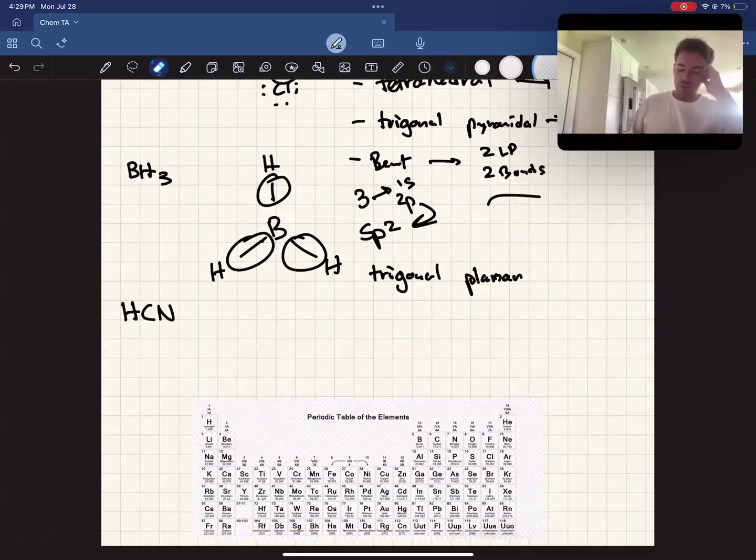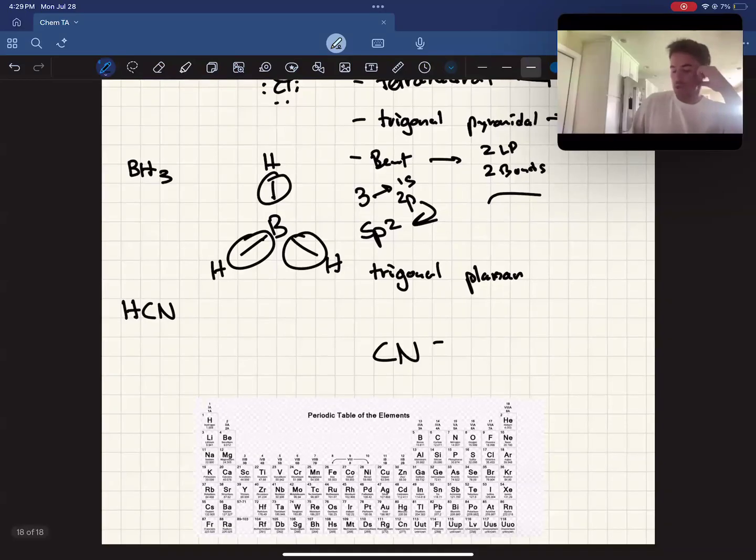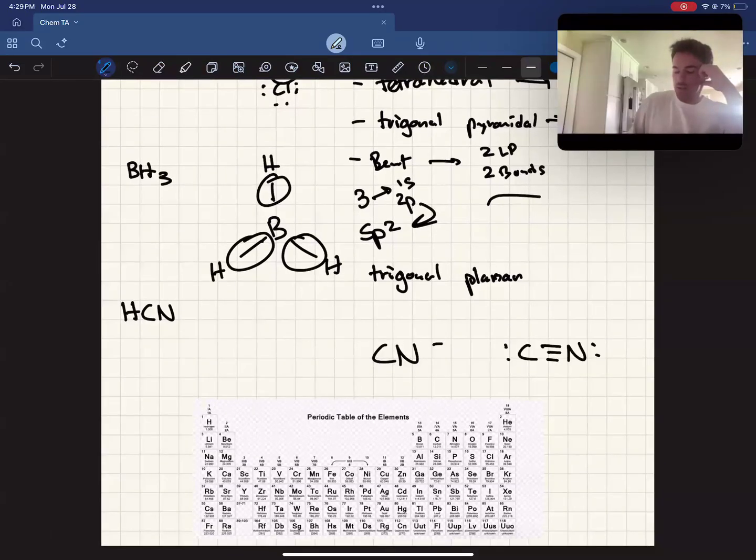Last one, HCN. This is very similar to our polyatomic ion cyanide. Remember this one where you draw this? This is very similar to this, but it has a hydrogen. So this is hydrogen cyanide, actually. Instead of a charge, it just has a hydrogen on it, bringing a proton in to balance off the charge.